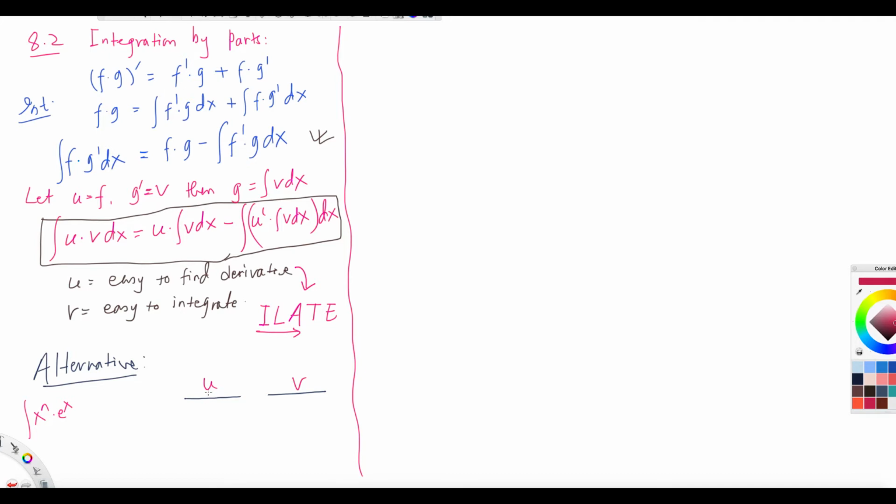For the u function, you find the derivative: u prime, u double prime, u triple prime, and so on, until you get 0. The other one, v, you integrate, and whatever you find, you integrate again, and continue finding the integral of that.